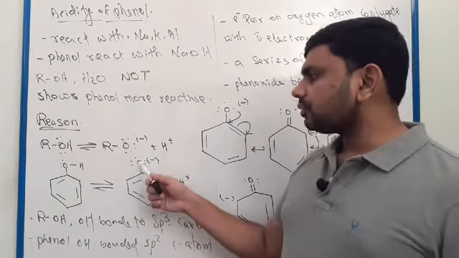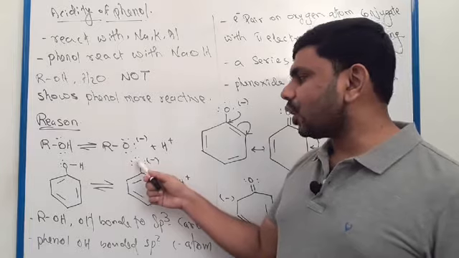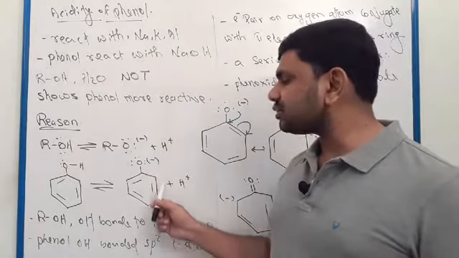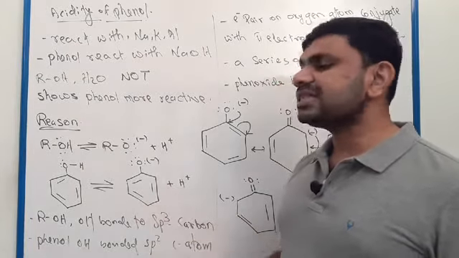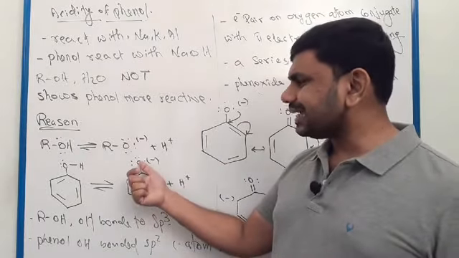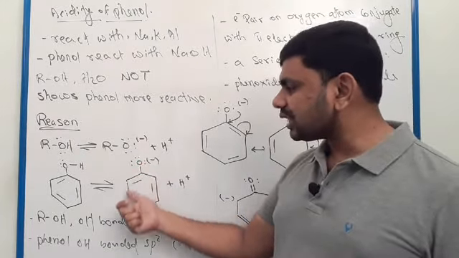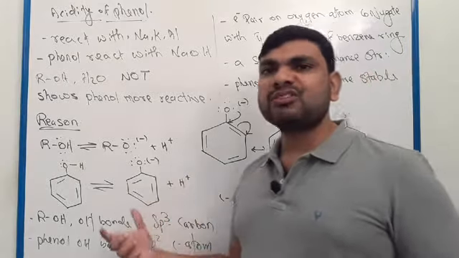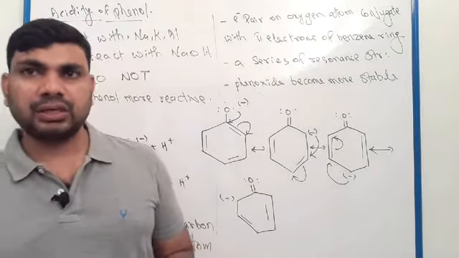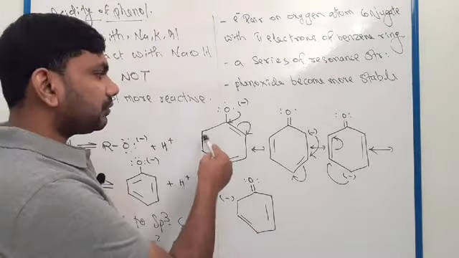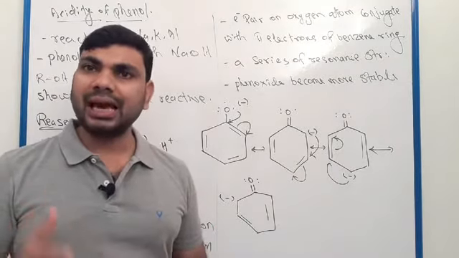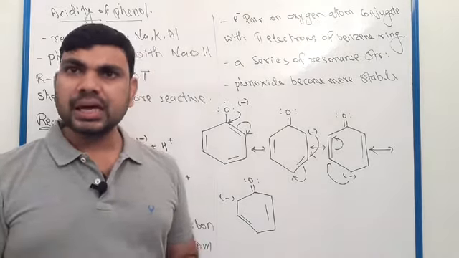Also, the electron pair present on the oxygen atom will be conjugated with the pi electrons of the benzene ring and produce a series of resonance structures. Look here, these are the different resonance structures. This type of resonance structure we already discussed in haloalkanes and haloarenes.